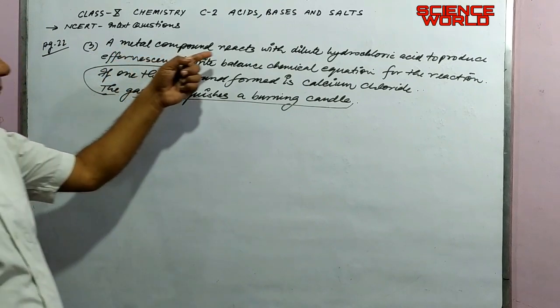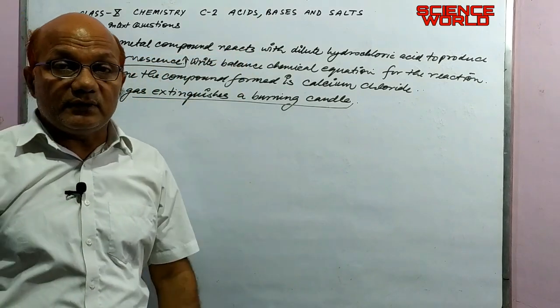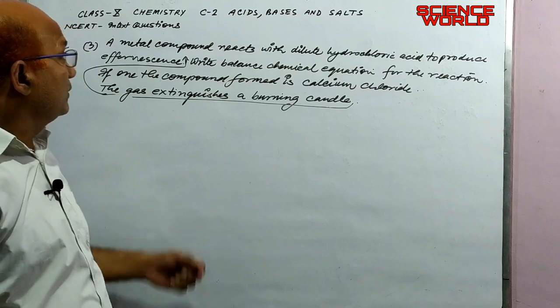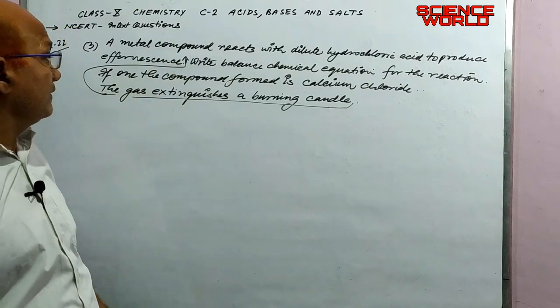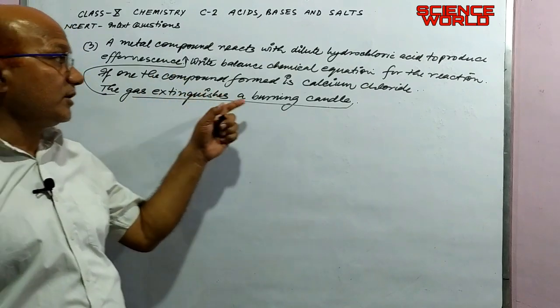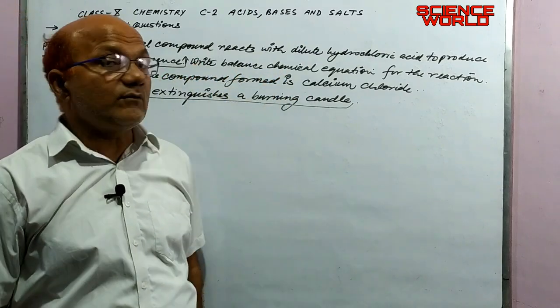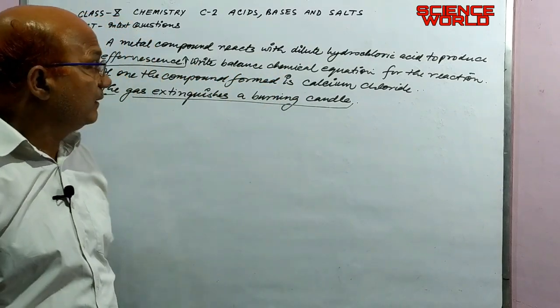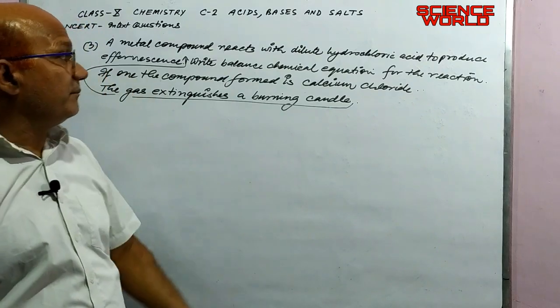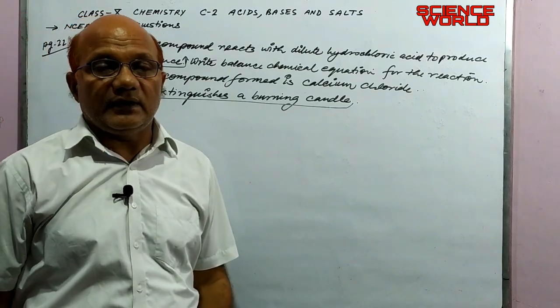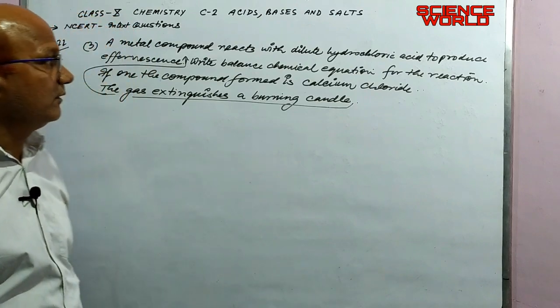A metal compound reacts with dilute hydrochloric acid to produce brisk effervescence. The gas extinguishes a burning candle. Write a balanced chemical equation for the reaction if one of the compounds formed is calcium chloride. Question is like this.